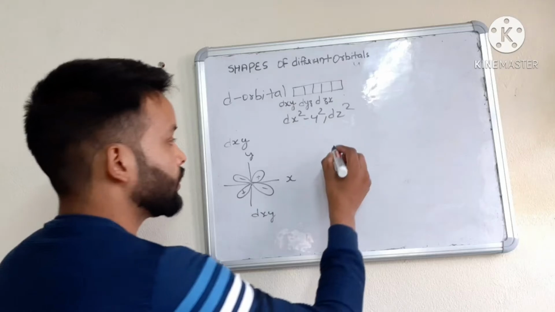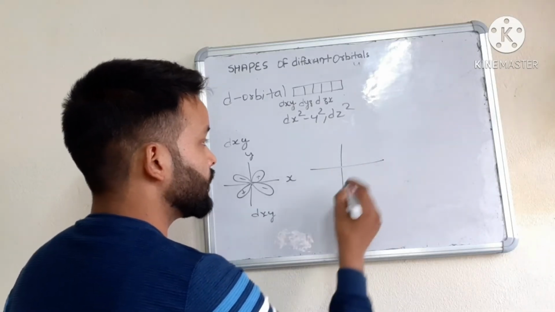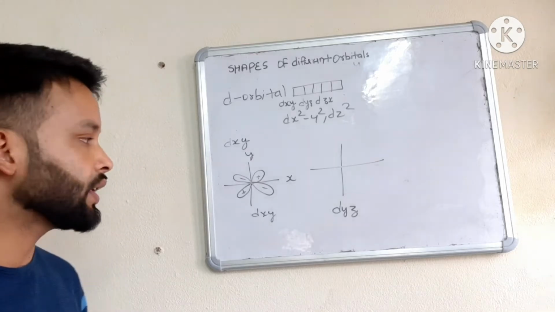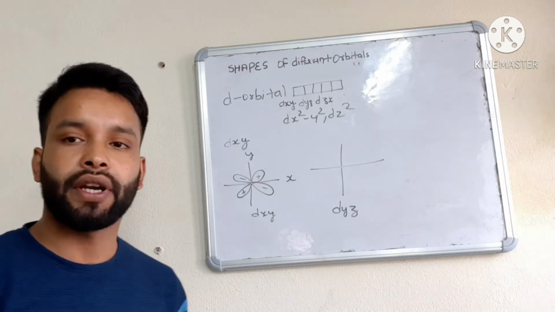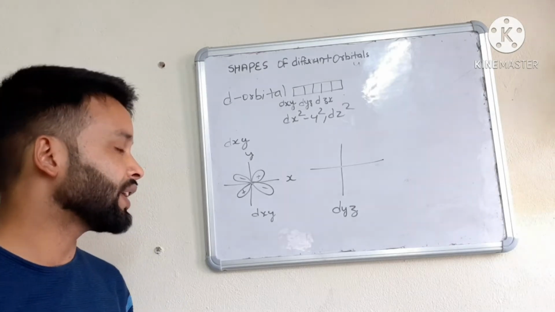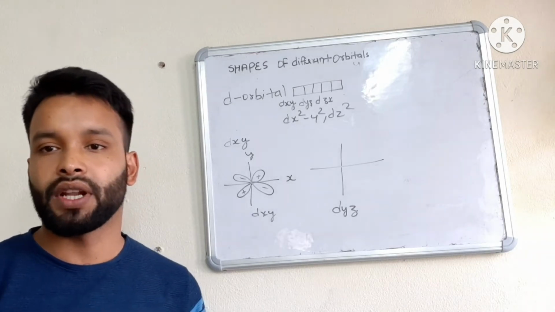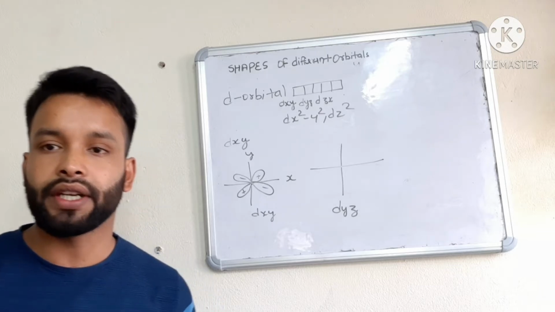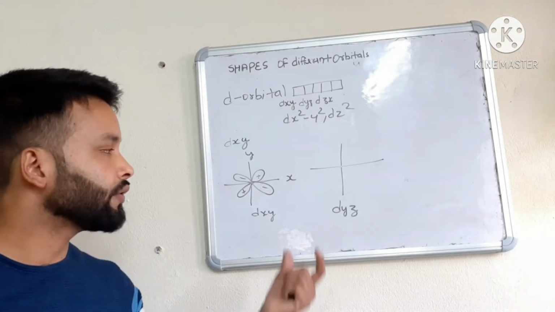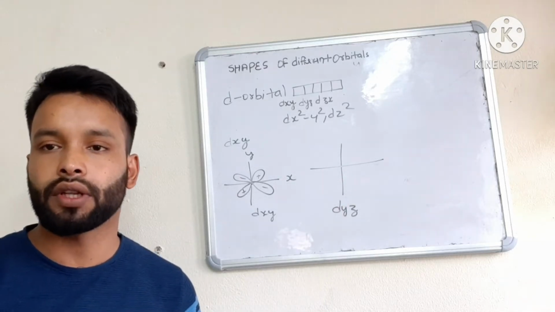Now second is dyz. If you see competitive exam related books, these diagrams are given in a very large manner, and very tough also. But as I told you, the choice of taking the axis depends on the chemist.